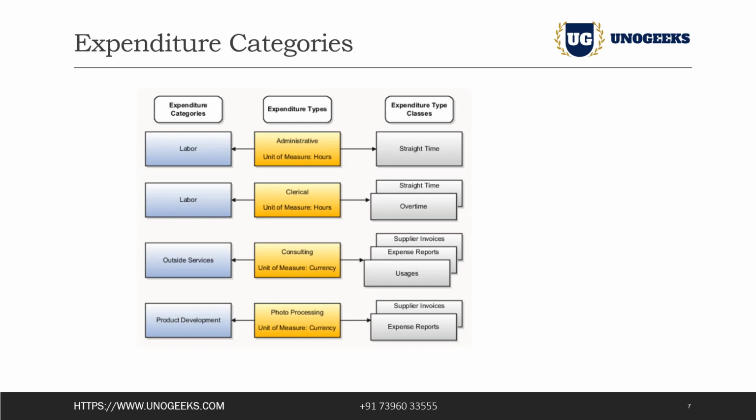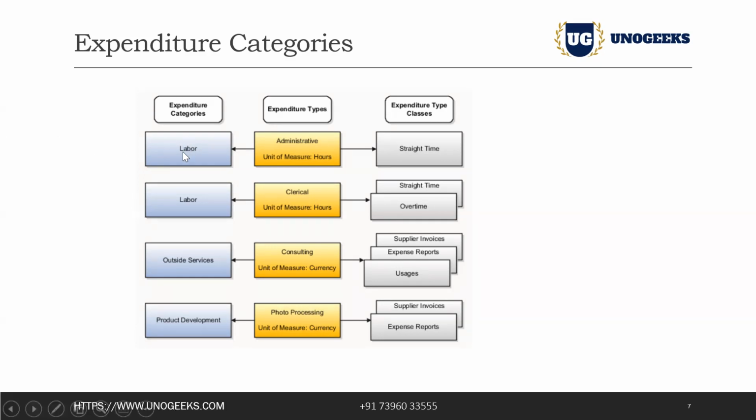Imagine there will be a lot of categories under which you will be spending your money, correct? So what you will do here? You will categorize your expenditure. You will be categorizing your expenses, Prasanna.